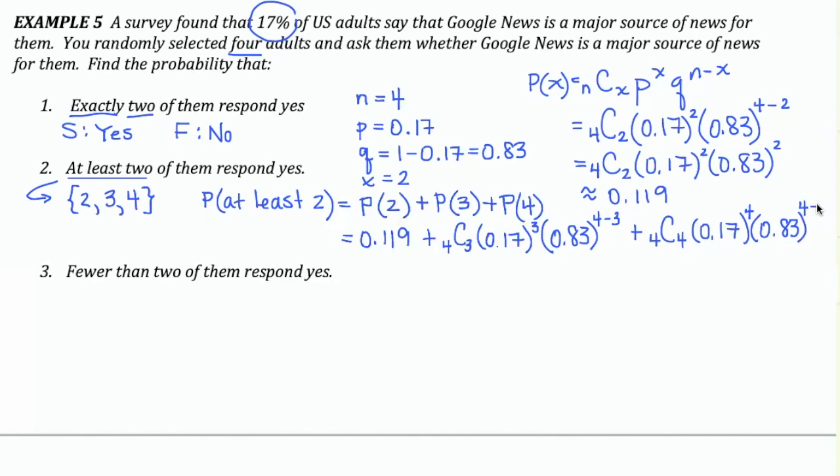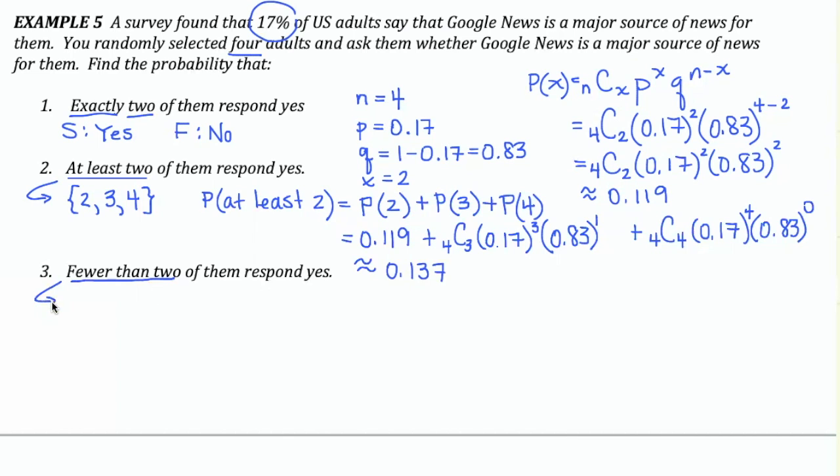Once you simplify these exponents, this is going to be to the first power. This is going to be to the 0 power. You're ready to go to a calculator and get your final answer. And when you do that, you should get approximately 0.137.